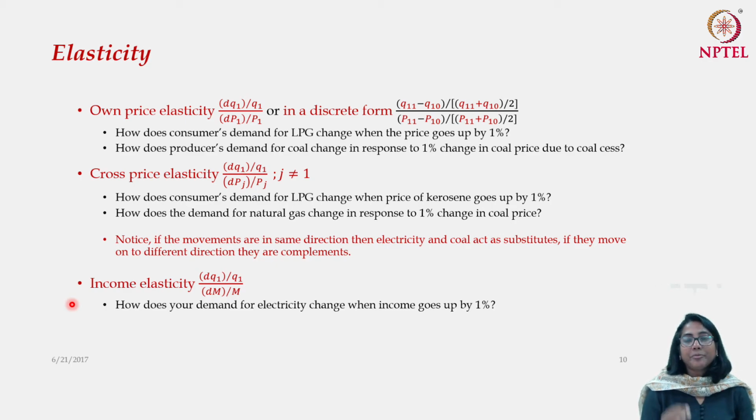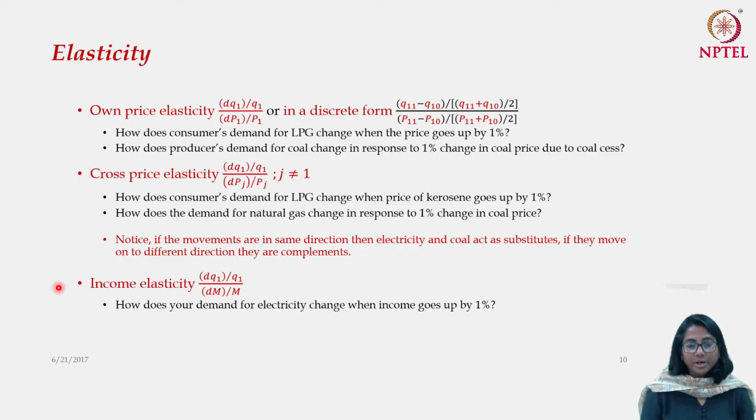For example, we started with the example of the electric vehicle. Probably if the income level goes up, then you may think about using electricity as your fuel for mobility, and you discard petrol as your fuel for mobility. But that can be determined by your level of income. So this is the responsiveness of demand to change in income.